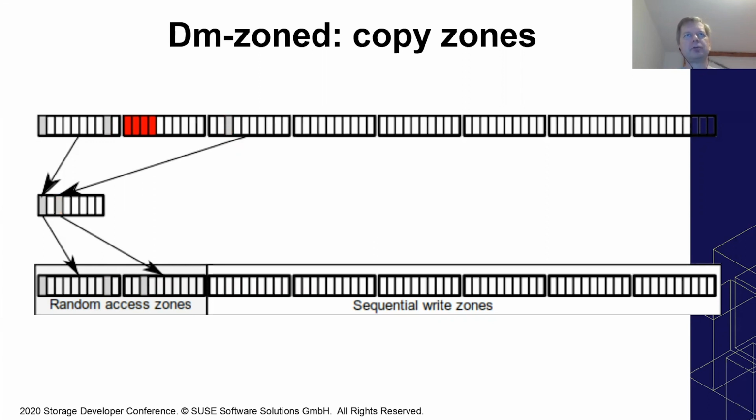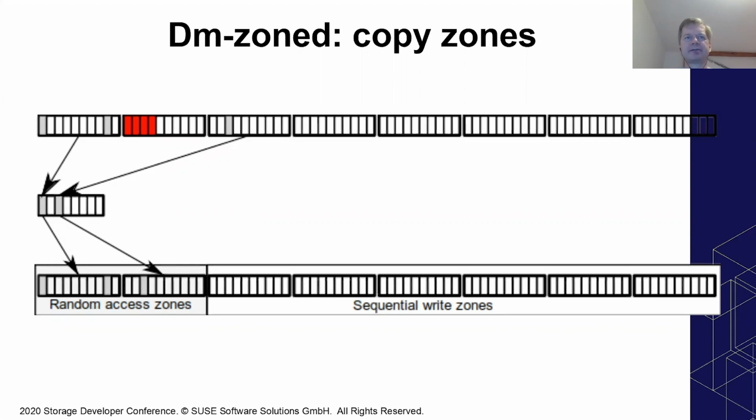And now we start writing to yet another zone. What we see here is that we run out of random access zones. So we cannot simply write the data into random access zones, because there are none. We have to do something, which means we will have to copy out data from the random access zones to clear up space, such that we can write the new data.